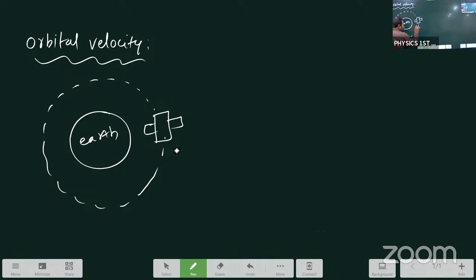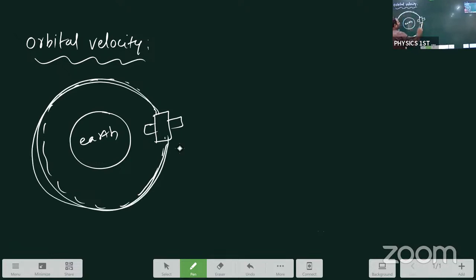Minimum velocity required for an object to revolve around the Earth, that is, around the gravitational field. That is orbital velocity: one object moving in a circular orbit around the gravitational body. You write the statement in a single line.